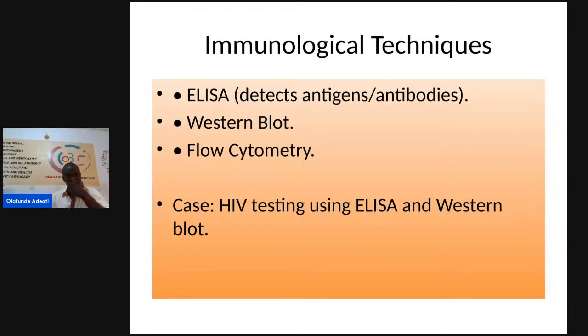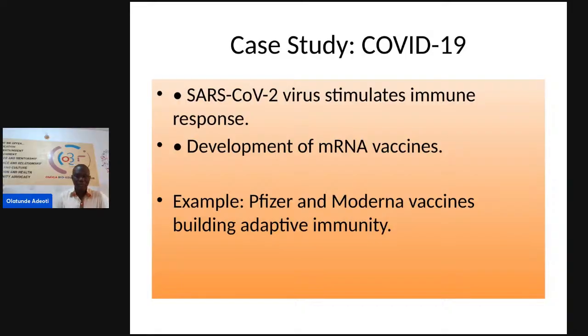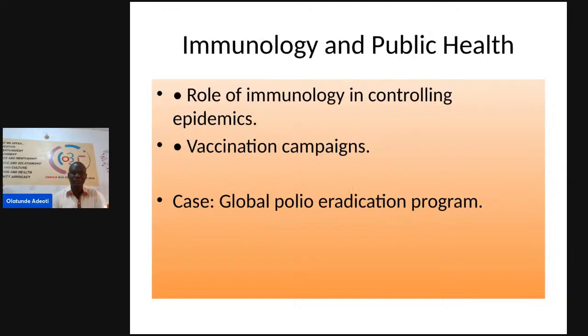A case study of ELISA is HIV testing using ELISA and Western blots for diagnosis. Then the SARS-CoV-2 virus, which stimulates the immune response, resulted in the development of the messenger RNA vaccine. So that is an example of what we have seen there.